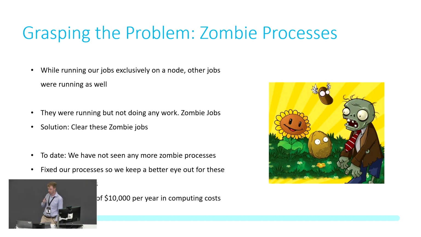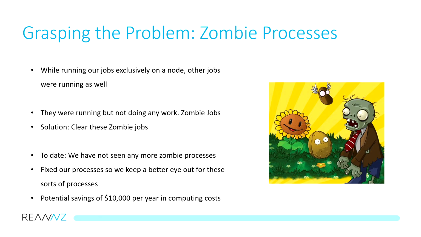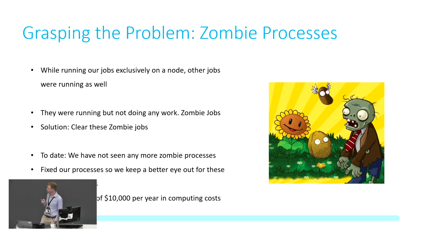Once we did that, everything was running hunky-dory and particularly fine. To date, we haven't seen any other problems occurring. We are getting zombie jobs popping up, but we're able to see them and clear them as they go. And we're hoping that a few updates on our HPC will soon sort those out full stop.